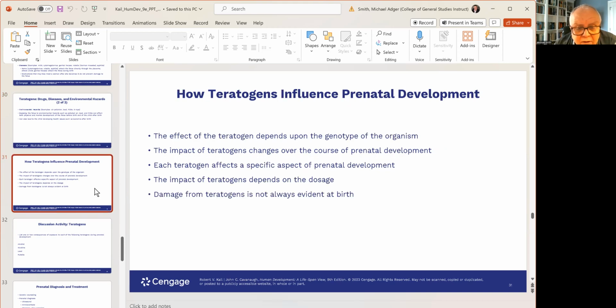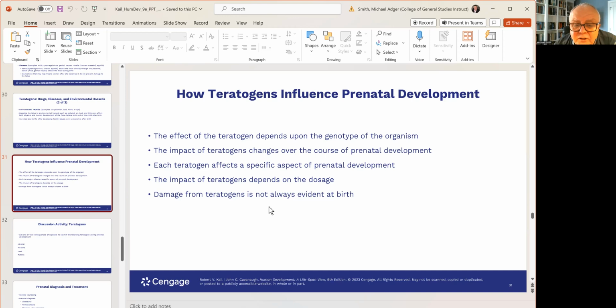So how do these drugs and different things affect the baby? The effect can depend upon the genotype. The impact changes over the course of prenatal development, and each teratogen affects some specific area of prenatal development. So one thing may affect the brain, one thing may affect the lungs or the liver, whatever.